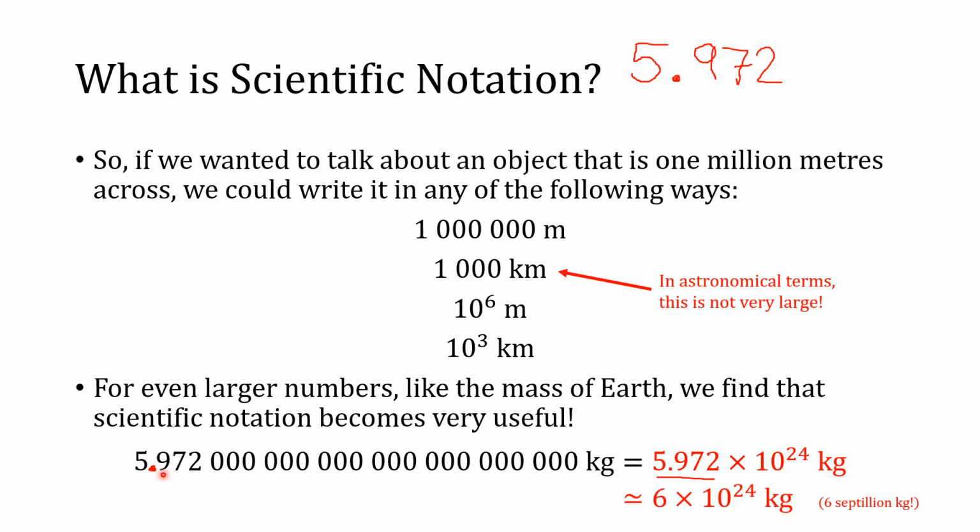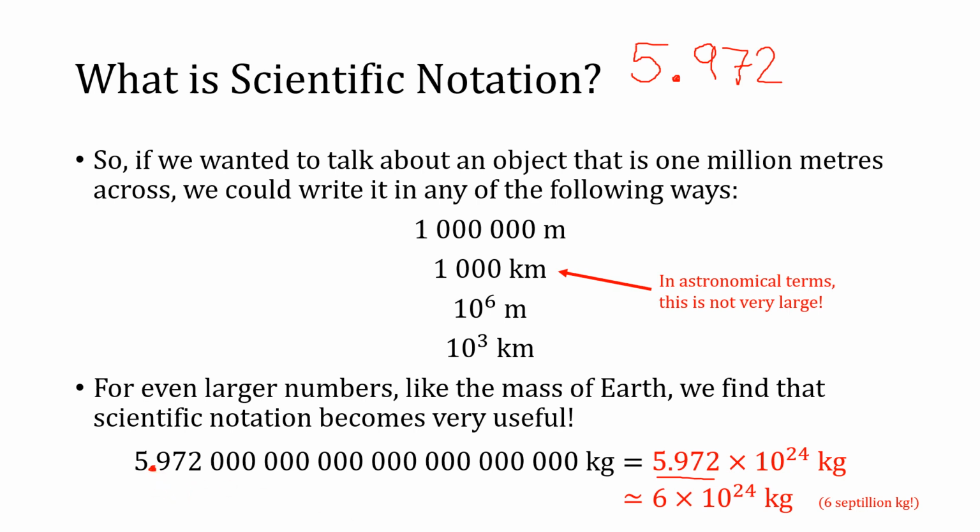So if we count those out, we get 1, 2, 3. And now I've separated all the numbers by spaces, so I'm going to count them in groups of 3. So we've got 1, 2, 3 here, 4, 5, 6, 7, 8, 9, 10, 11, 12, 13, 14, 15, 16, 17, 18, 19, 20, 21, 22, 23, 24. So we've got 24 digits after this decimal point that we added in.